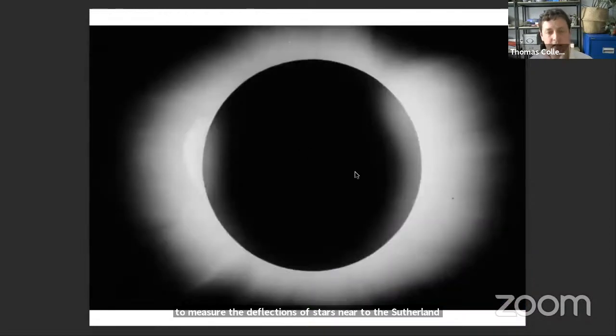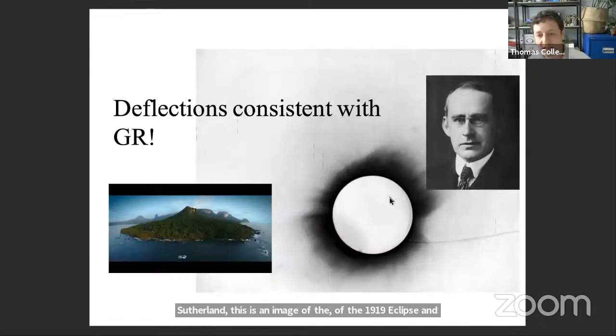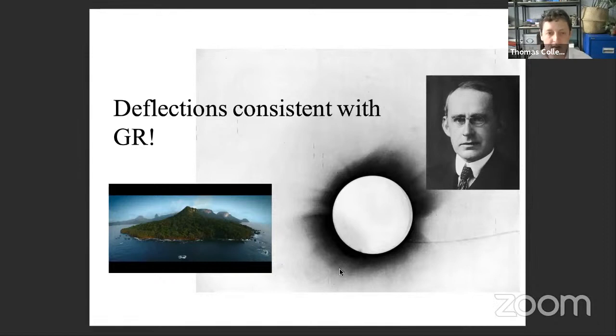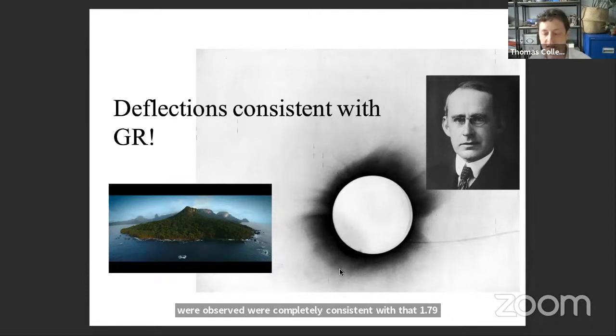This is an image of the 1919 eclipse, and this is the same or a similar image shown in the negative, and you can maybe just about faintly make out these dots, which are the positions of stars. And it turned out that the deflections that were observed were completely consistent with that 1.7 arc seconds predicted by general relativity, and inconsistent with the value of half of that Newtonian gravity had predicted.